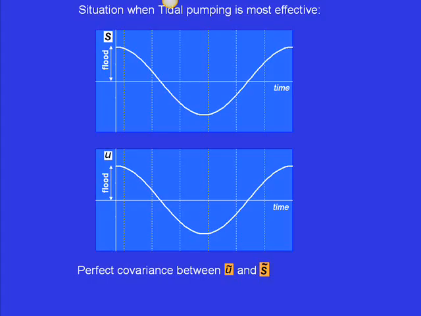But when they're in phase, like in this case, the tidal pumping mechanism is very effective. So this might happen in estuaries where the tidal wave is standing, because the extreme in salinity will almost coincide with the extreme in flow also.